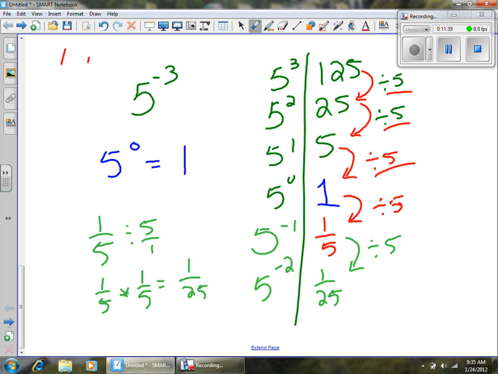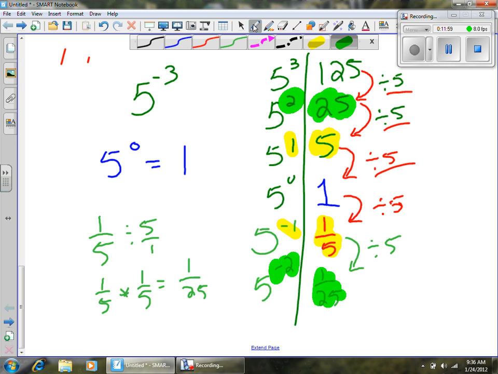Now check this out. 5 to the first was 5. 5 to the negative first was 1 over 5. 5 to the second is 25. 5 to the negative second is 1 over 25. Oh, you can't read that, can you? Sorry, let me write those back in there. 1 over 25. There we go.